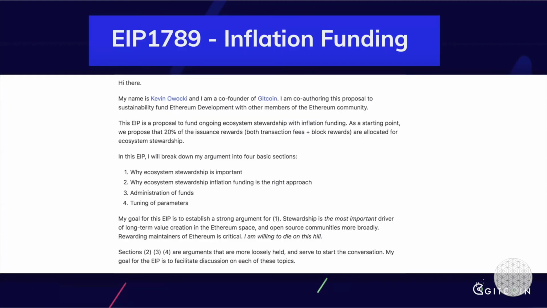One idea would be inflation funding. Inflation funding is not really a new idea. Effectively, inflation funding is a tax, and taxes themselves are not particularly new. The only things that are certain in life are death and taxes.